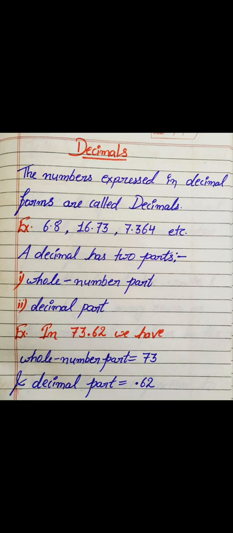For example, in 73.62, the whole number part is 73 and the decimal part is 0.62. Now, here is a decimal place value chart. Before the decimal point, the place value chart is the same as the Indian number system or the international number system, and after the decimal point we have tenths, hundredths, and thousandths.